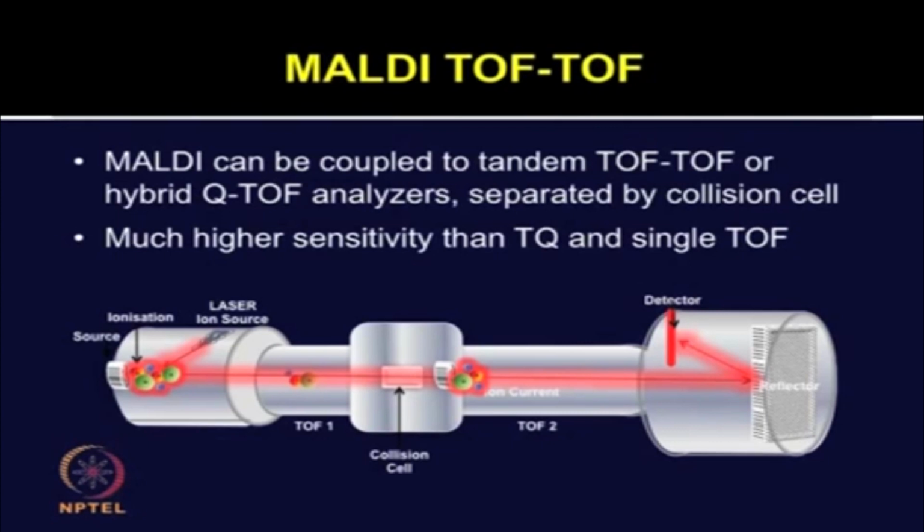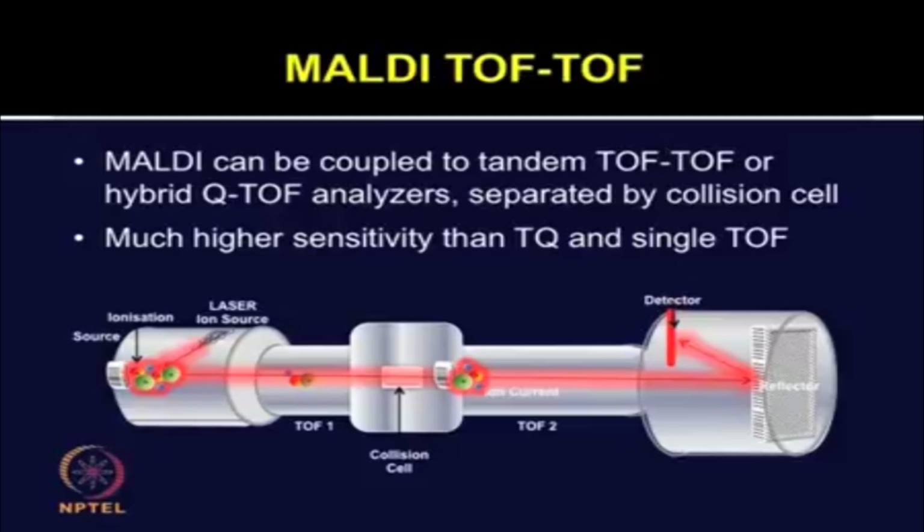Multi-TOF is one of the widely used tandem MS configurations. In this one, two time of flight tubes as well as hybrid quadrupole time of flight analyzers can be used.